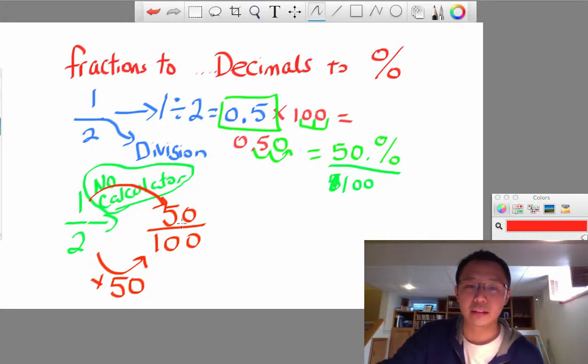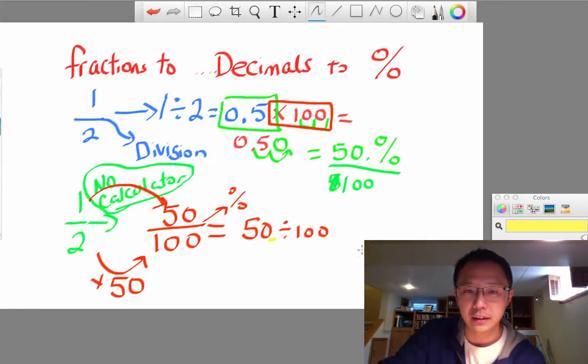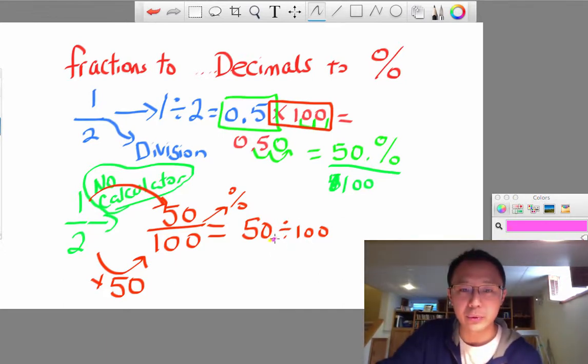So you notice that this is really similar to your percentage. So 50 divided by 100, remember this is division, is similar to the previous one about multiplying by 100, but instead of moving the decimal to the right, because we're dividing, we actually move it to the left.